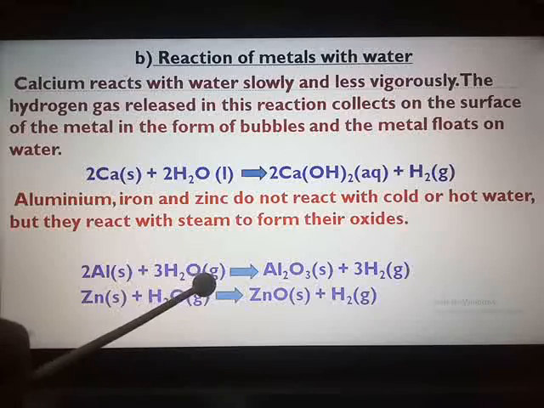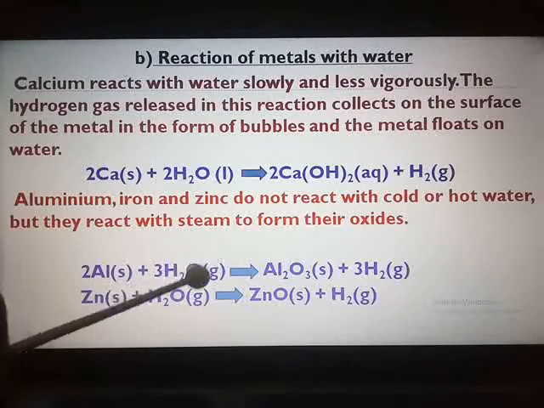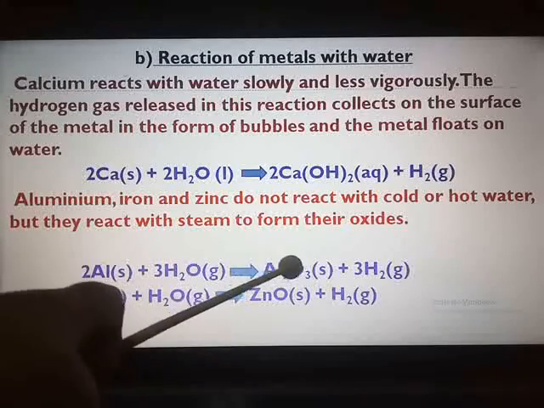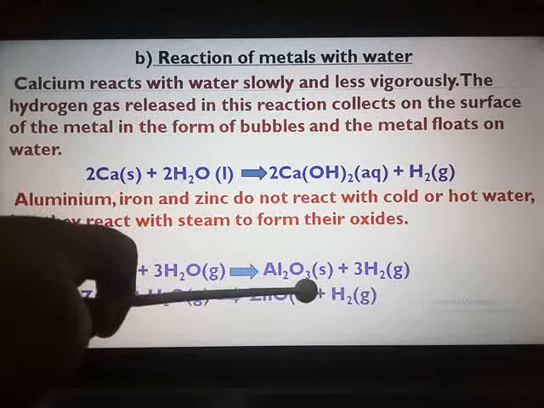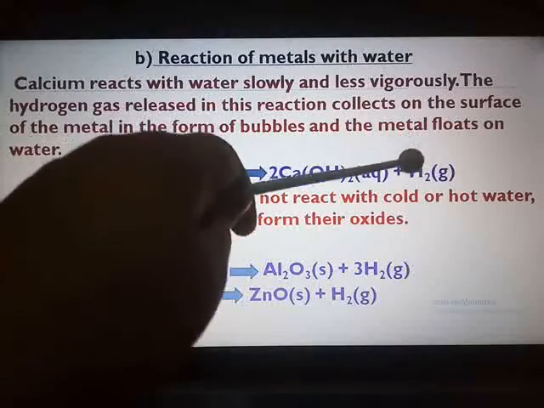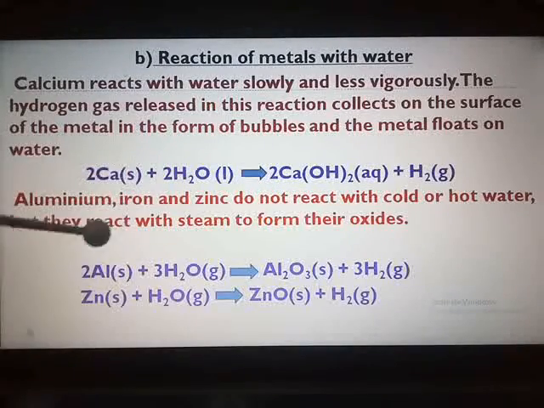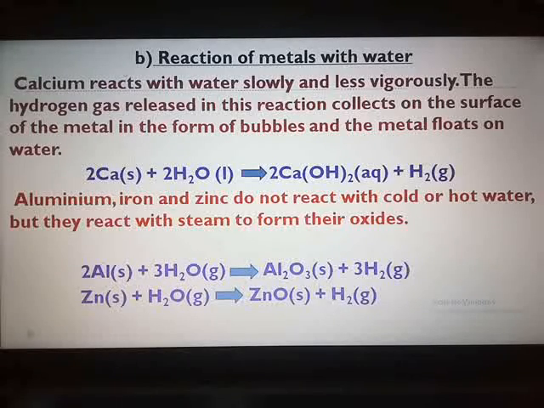See the phase, gaseous. Here for calcium it is water in the liquid state. So take a note over here, forming aluminium oxide with the liberation of hydrogen gas. Everywhere, when a metal reacts with water, it forms its particular oxide with the liberation of hydrogen gas. Zinc reacts with water forming zinc oxide with the liberation of hydrogen gas.